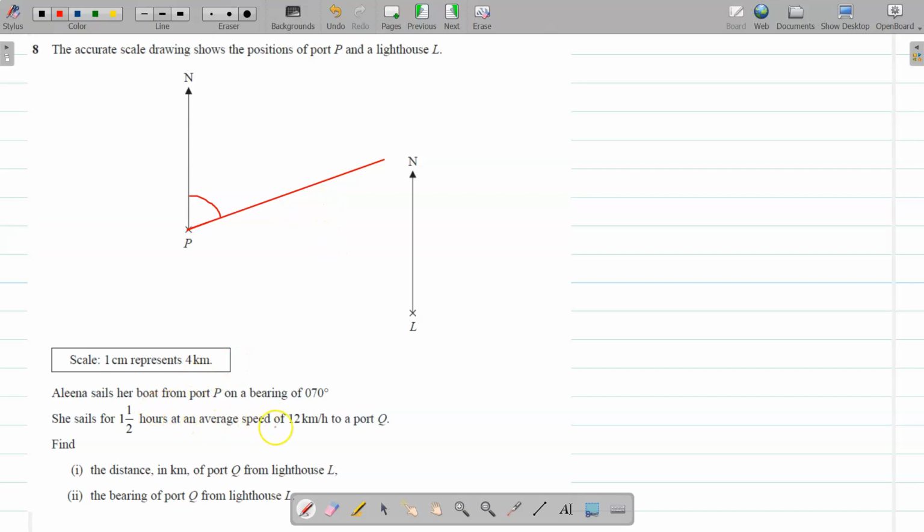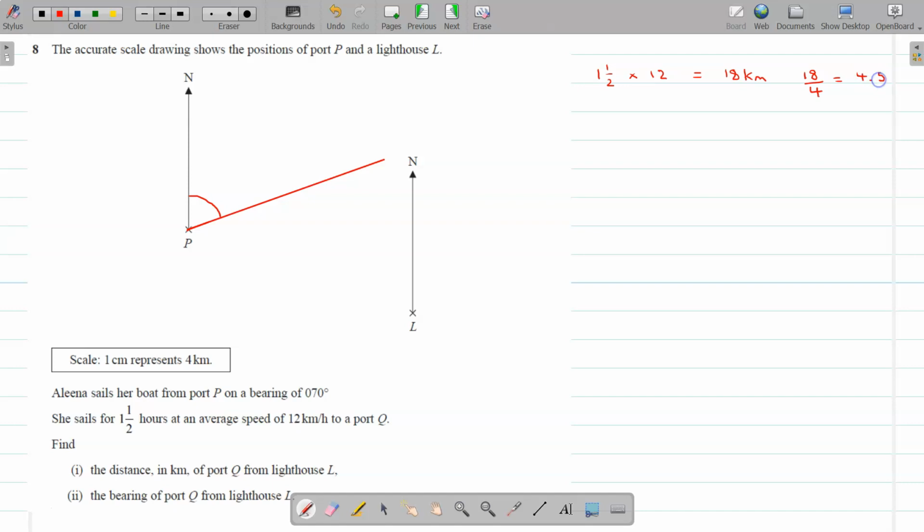She sails for 1.5 hours at 12 kilometers an hour. So how far does she travel first of all? Well, 1.5 times 12 is 18 kilometers. And 18 kilometers, when I apply this scale, 4 kilometers to 1 centimeter, is 18 over 4 equals 4.5.